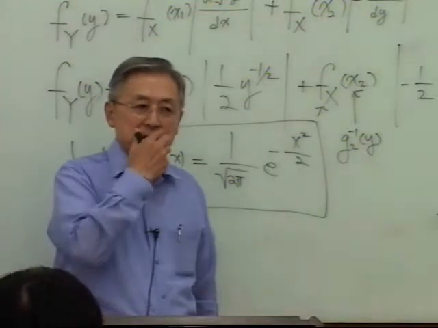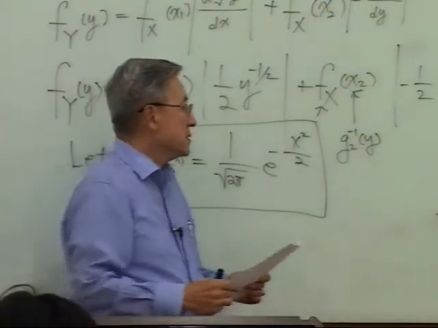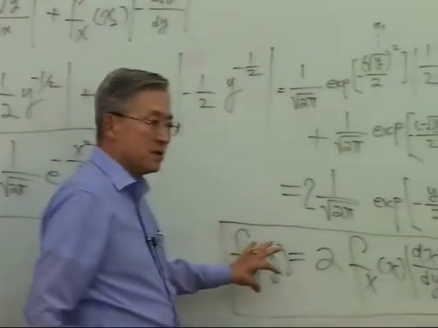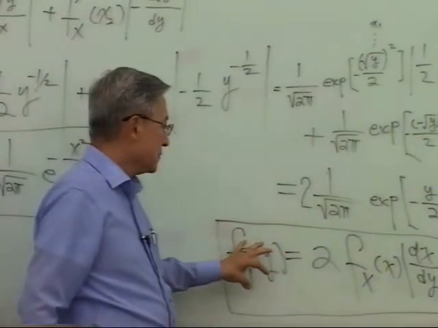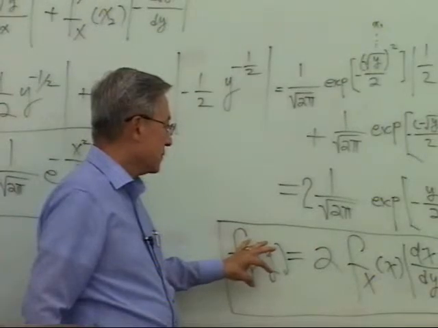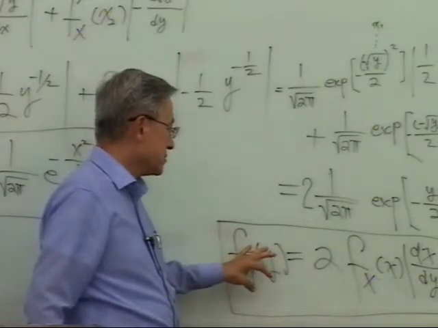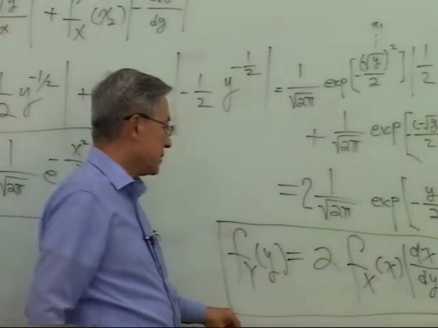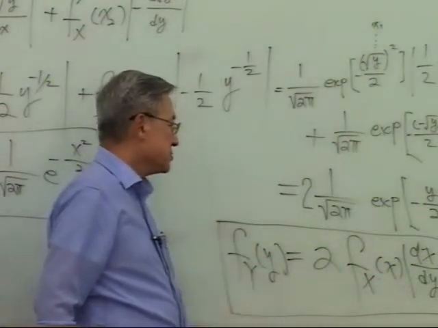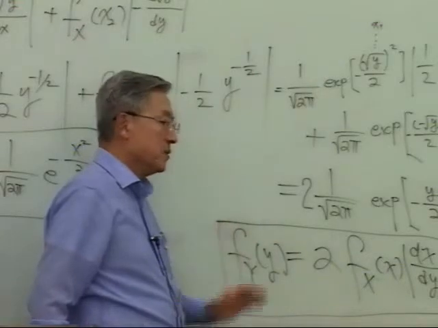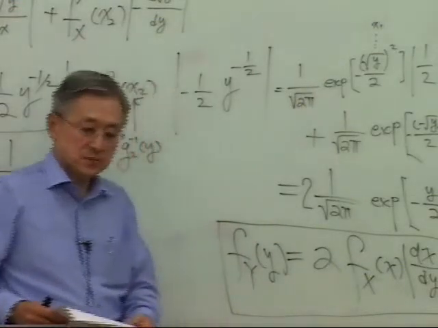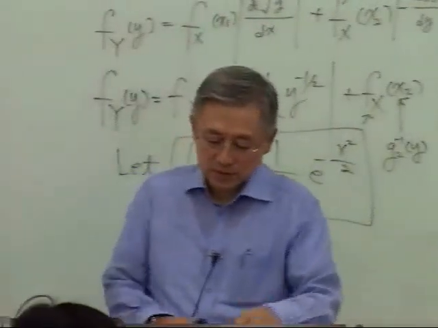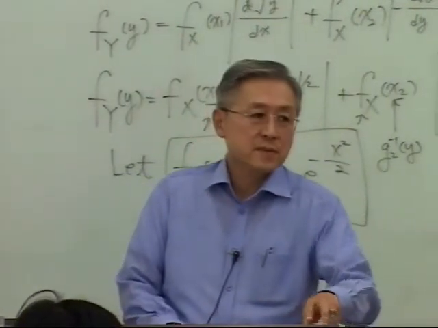If you look at some books, they go straight to here for a 2-to-1 functional relation between x and y, but you have to be careful. The implication is the normal distribution assumption, which is really somewhat popular. Okay?